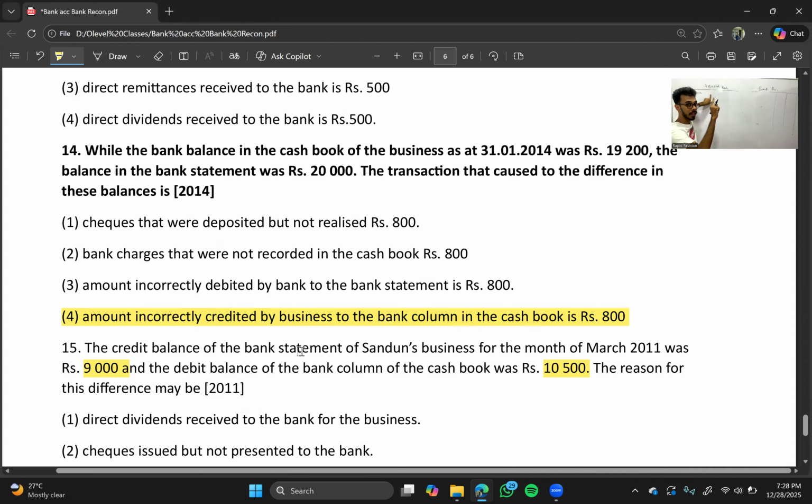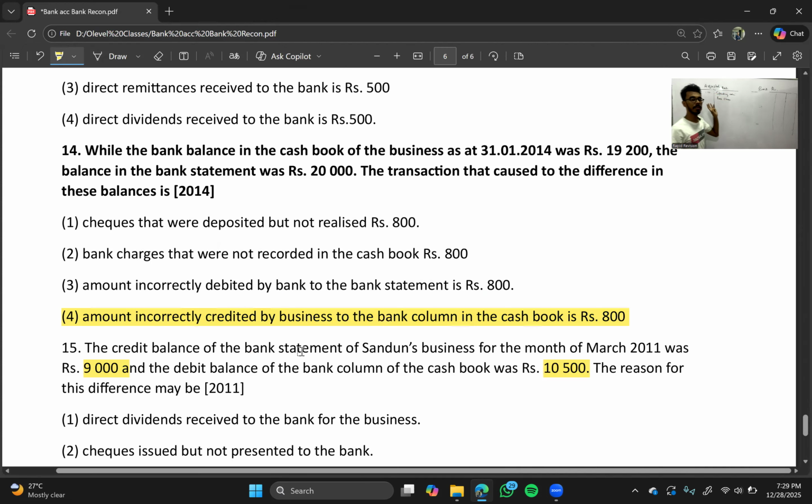That value has to be taken here. And then if there is any direct remittance, that has to be added. And then from the adjusted bank account, you have to deduct any standing order, any bank charge.